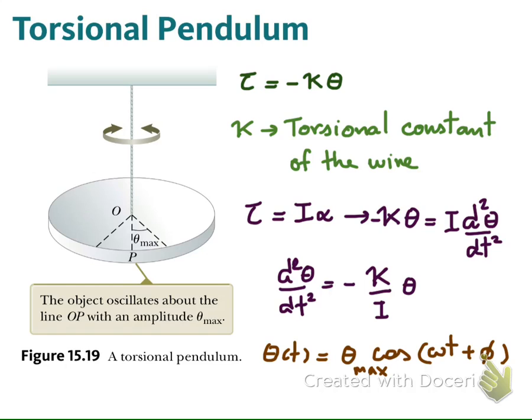So we can write down that the angular frequency omega is equal to the square root of kappa over I. This is similar to the expression in the spring case, that omega is equal to the square root of k over m. And from this relation, the period of the oscillation is equal to 2 pi times the square root of I over kappa.